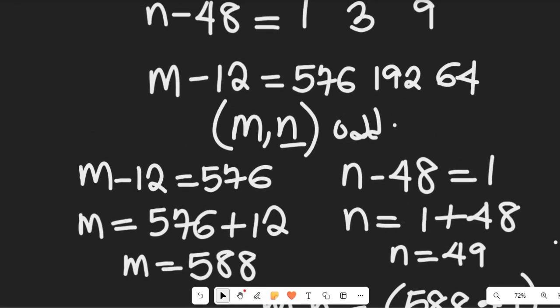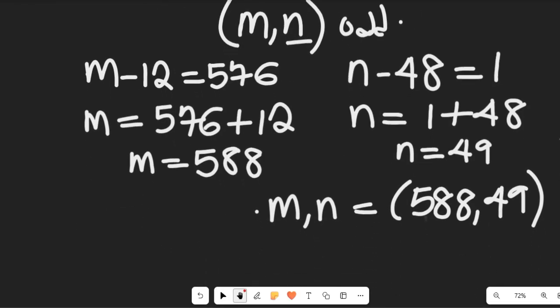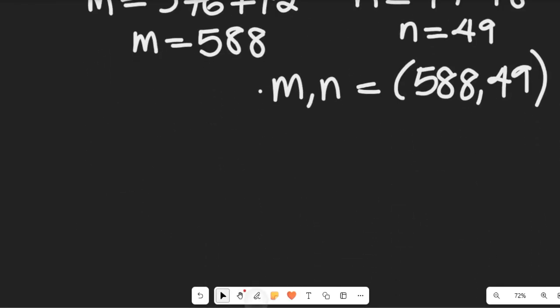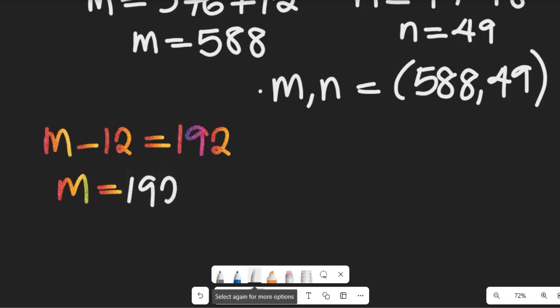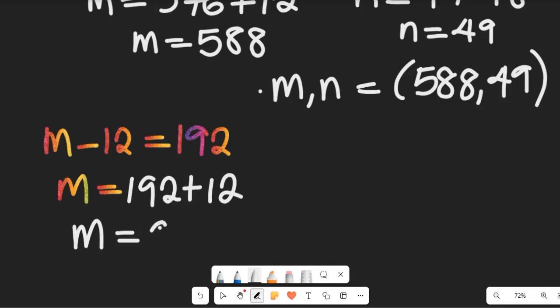So from this expression, if we have n to be equal to 3 and m 192, then you will see that the value of our m minus 12 will be equal to 192. So from this expression, the value of m can be equal to 192 plus 12, which will have our m to be equal to 204, right?